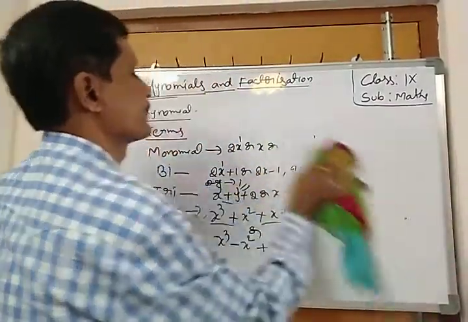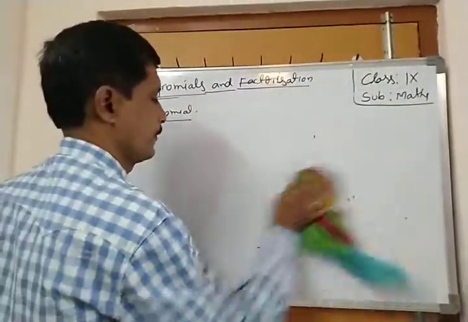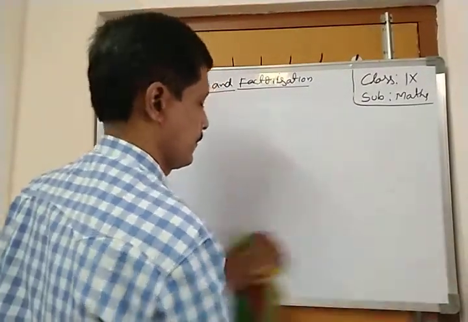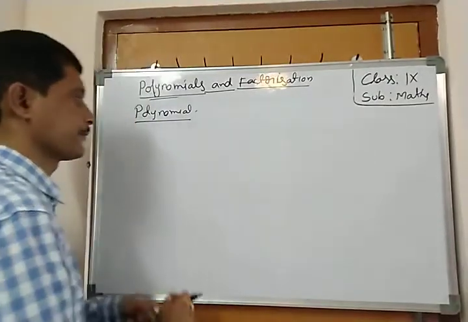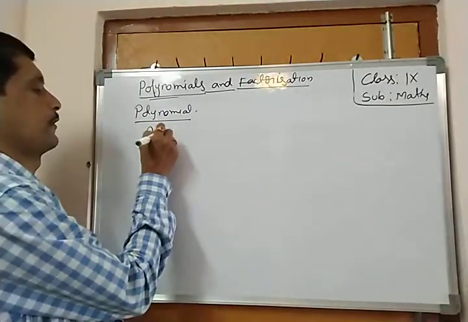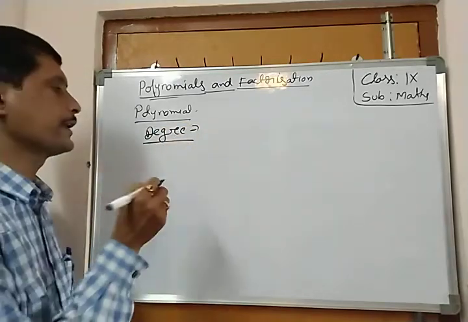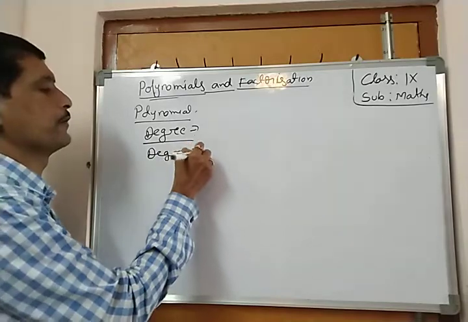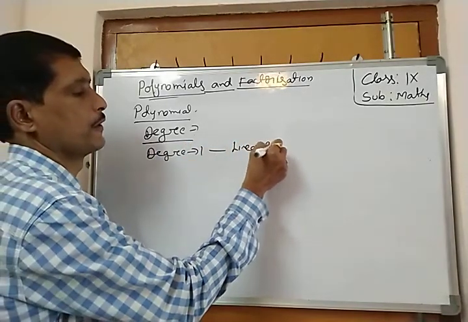According to terms, that is the classification. Now according to degree: if the degree is 1, that is a linear polynomial.